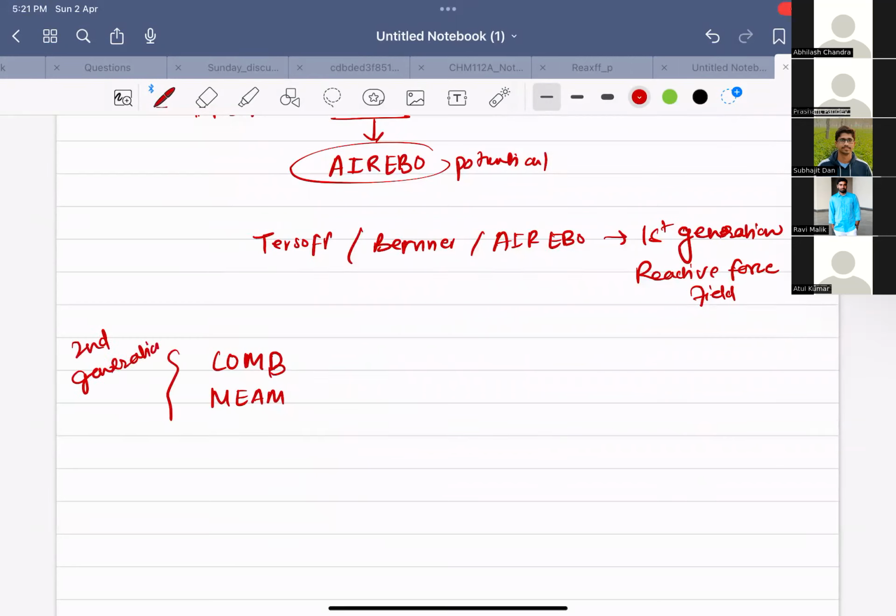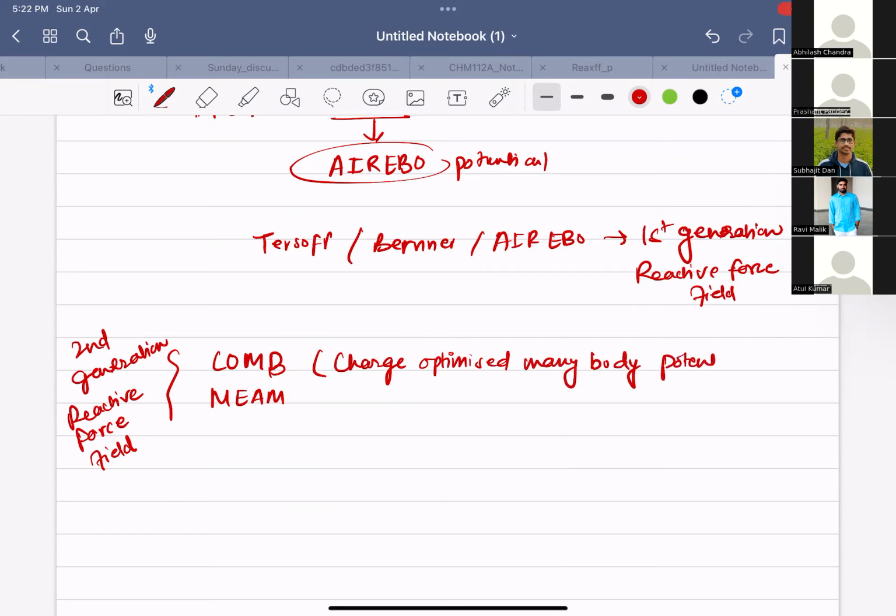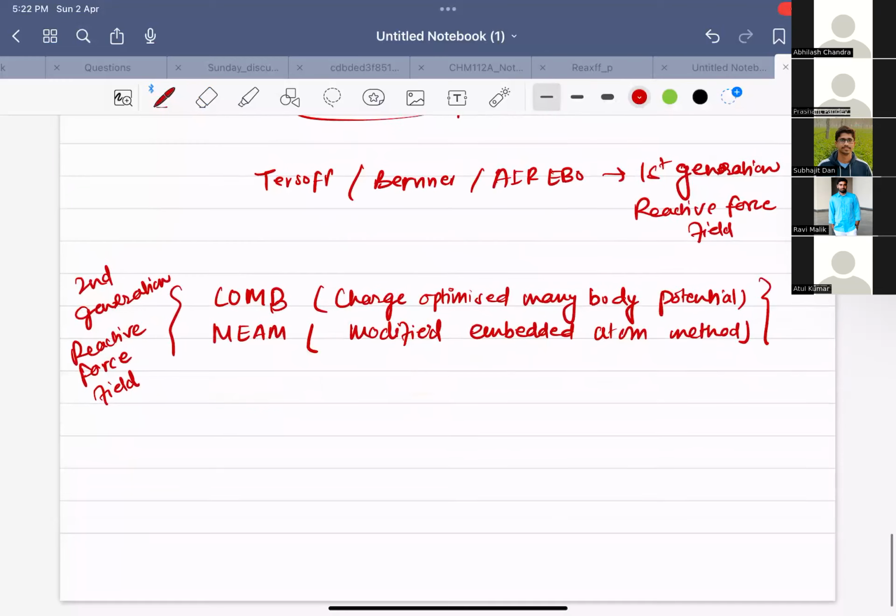COMB is the charge optimized many body potential, and MEAM is the modified embedded atom method. I will not go into the details of this because this will require 2 more hours to cover all these potentials. But I will just give you the form of this potential.